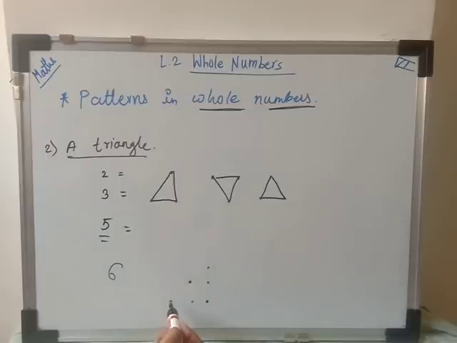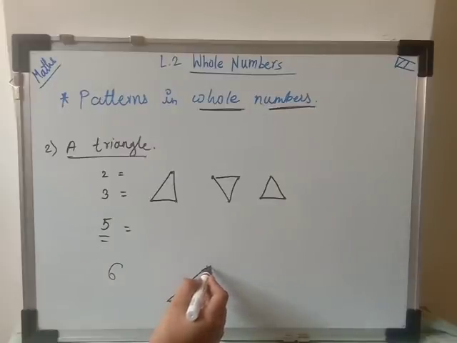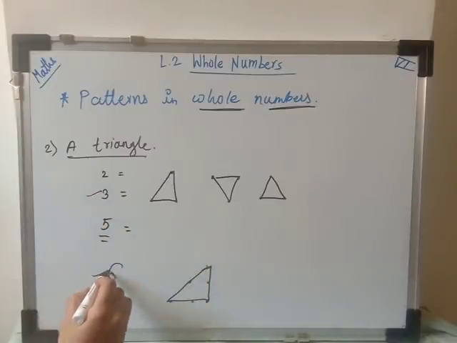Yes, so here 1, 2, 3, 4, 5, 6, 6 dots are there. Now we can connect all these dots and you can see here our triangle is there. So again we can make a triangle of 3 and 6. Now after 6, 7 is there. Again for 7 we can't make a triangle.